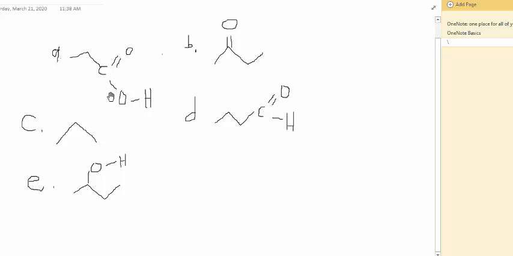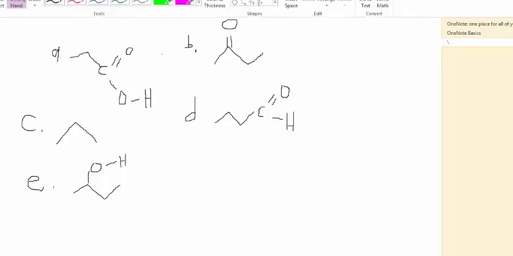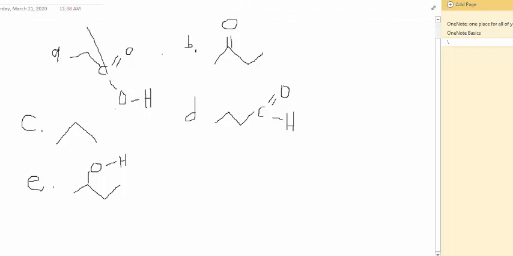How do we know when hydrogen bonding can happen? When we see a hydrogen that's bonded to either a nitrogen, a fluorine, or an oxygen. So hydrogen bonded to oxygen in a molecule will tell us that it's probably significantly polar. So this one we can eliminate because not only is it polar, it's very polar because it has hydrogen bonding.